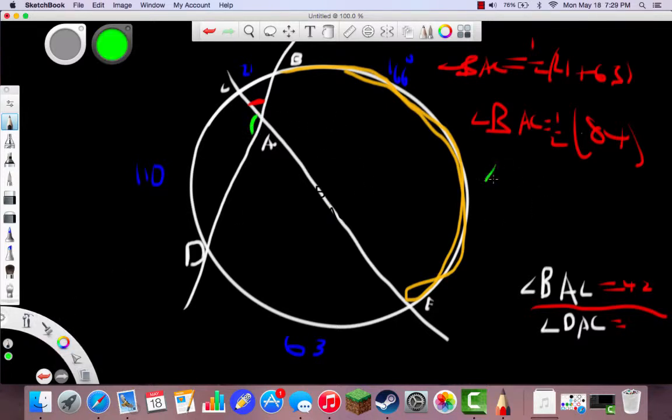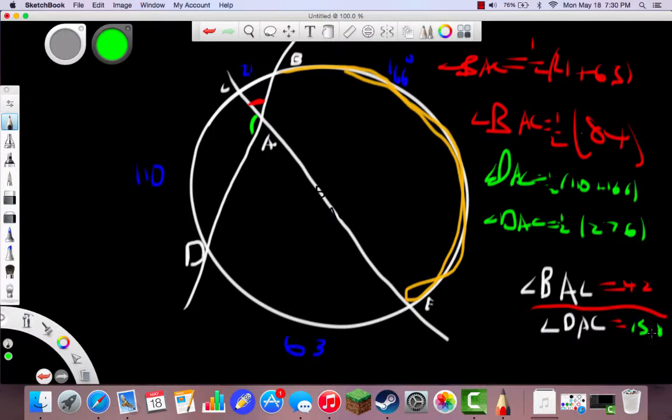Angle DAC equals half of arc CD, which is 110, plus arc BE, which is 166. So angle DAC is going to be half of 276, and half of 276 is 138.